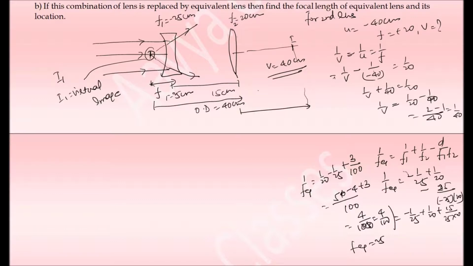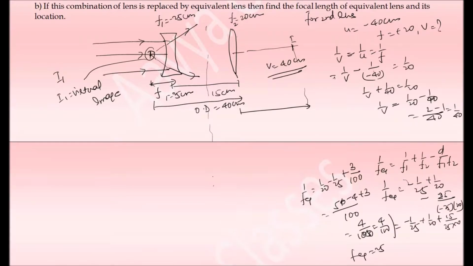We then have to calculate the distance of this equivalent focal length. I have already shown you that the distance will be taken from the second lens. This is the place where the equivalent lens will be placed. If delta is the distance of this lens from the second lens L2, then delta is equal to D into f equivalent by f1.